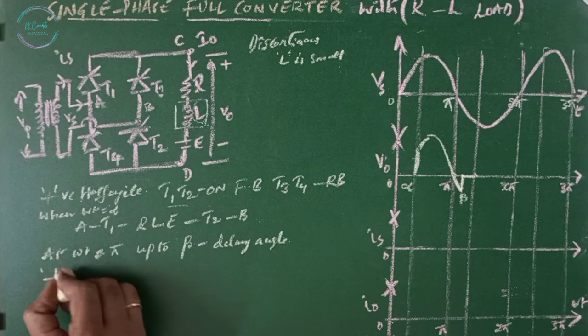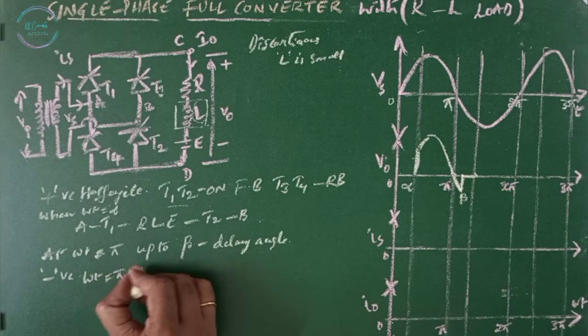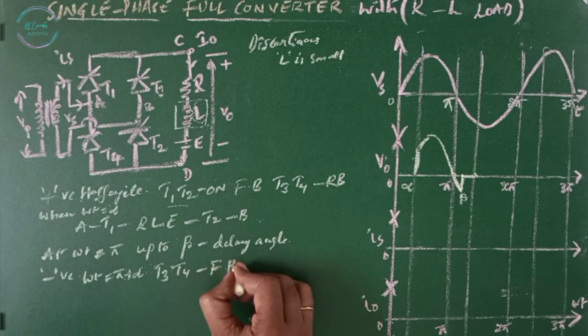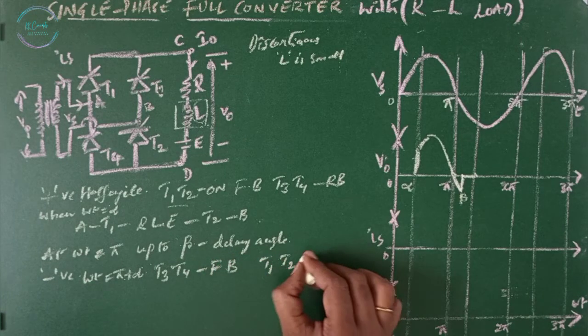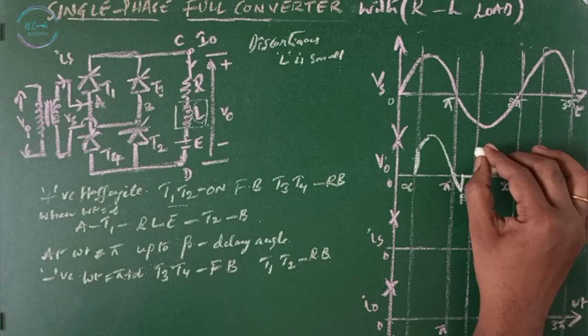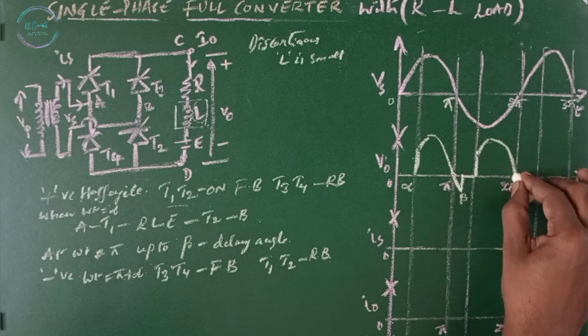In the negative half cycle, when omega t equals pi plus alpha, T3 and T4 are going to turn on as they are in forward bias, and T1, T2 are going to turn off as they are in reverse bias by natural commutation. Then the voltage across the input is going to appear across the output.